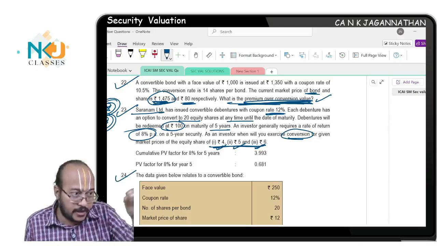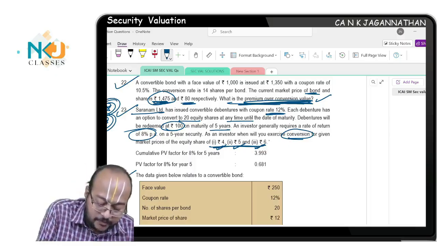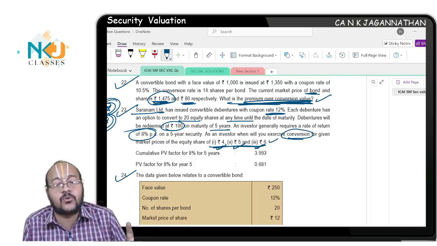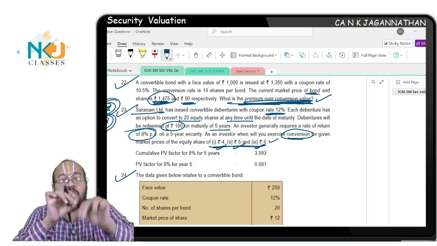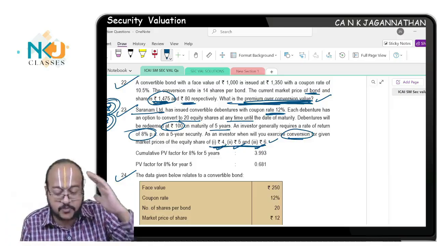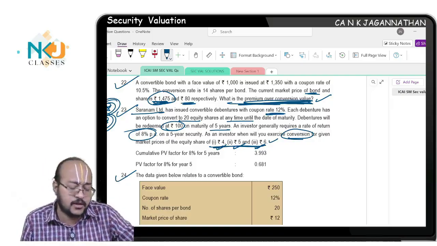As a bondholder, you will only get a fixed amount of return, correct? Now, when the share price is appreciating, I would like to become a shareholder rather than a bondholder, which means if the conversion value is more than the bond value, I will exercise my right and option, and become a shareholder rather than a bondholder.